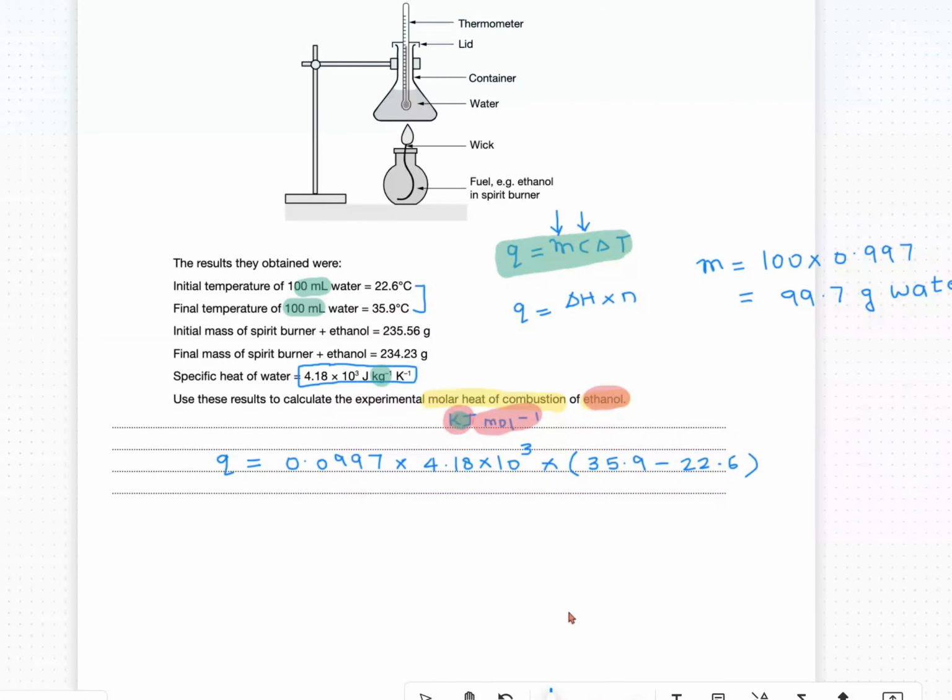That will give you joules, because the unit of specific heat is joules, and that will be 5542.7 joules. But we want kilojoules, so we convert this to kilojoules. That will be 5.5427 kilojoules.